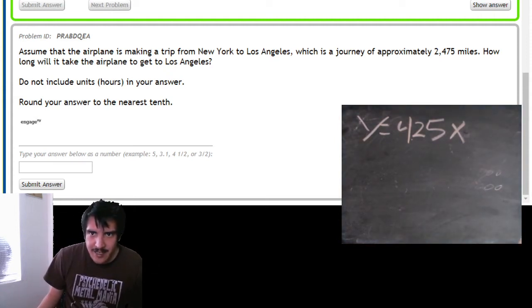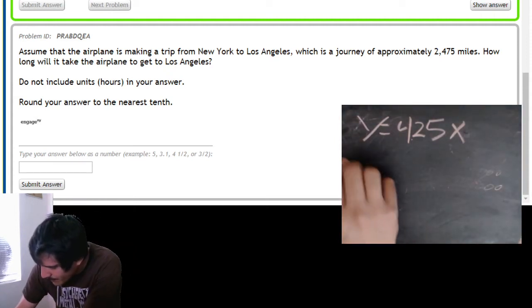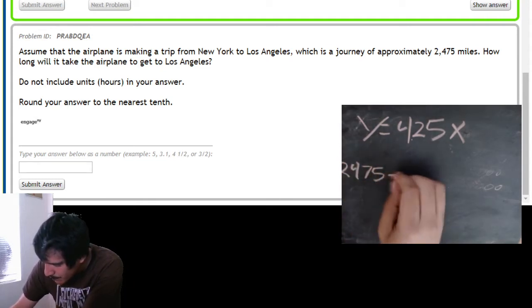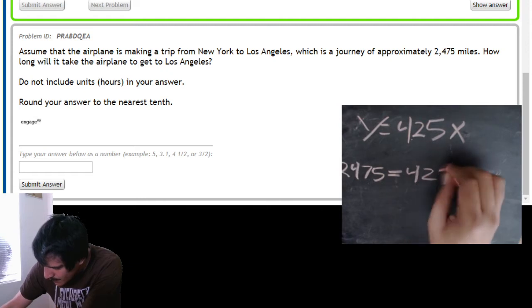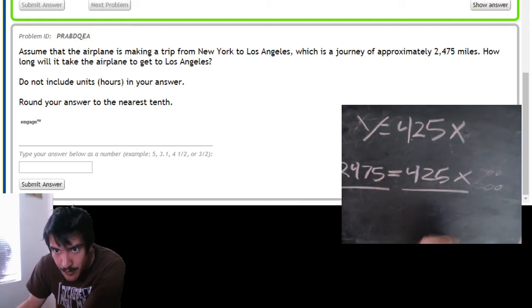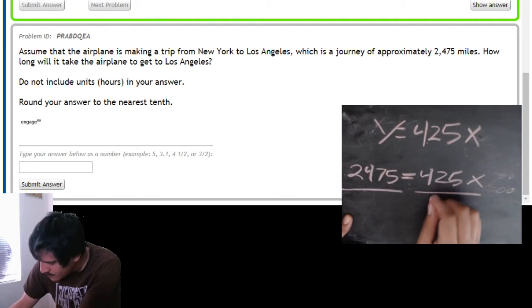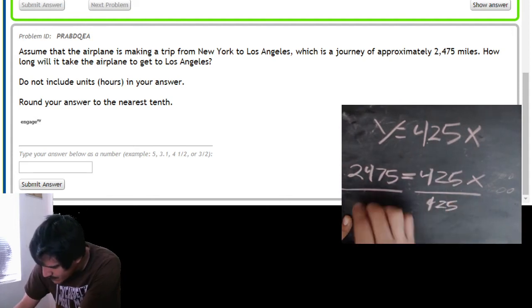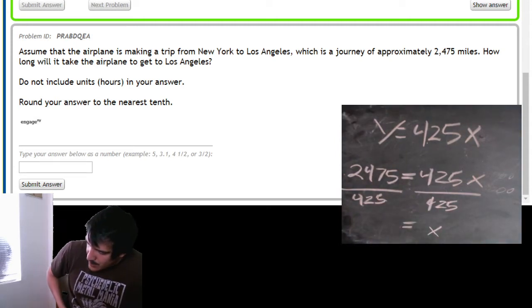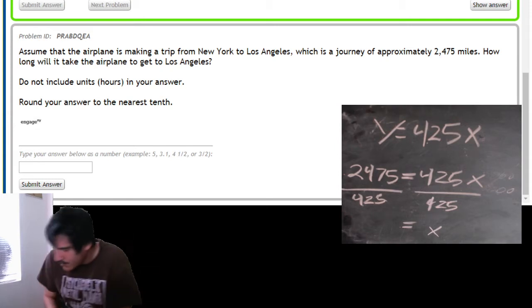And in this case, the journey of 2,475 miles, that's going to be the value of y. So put in that number in place of y. And then we're going to divide both sides by this coefficient so that we can get rid of it. So divide by 425 on each side.